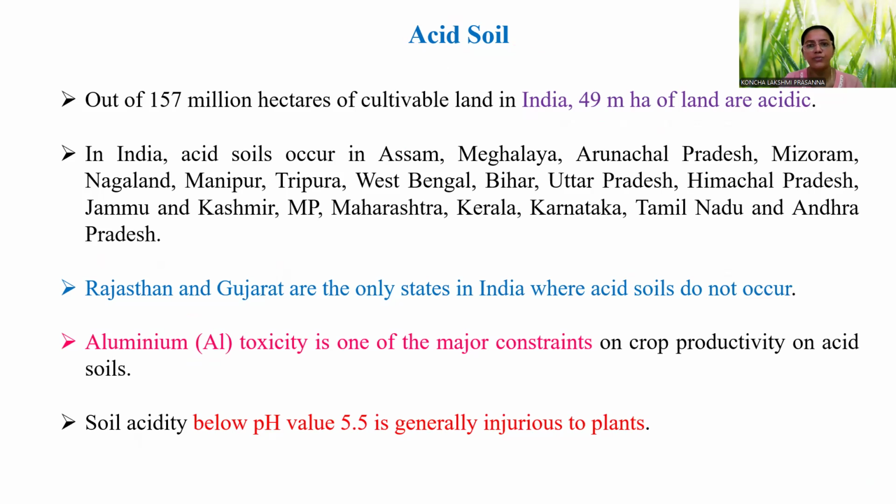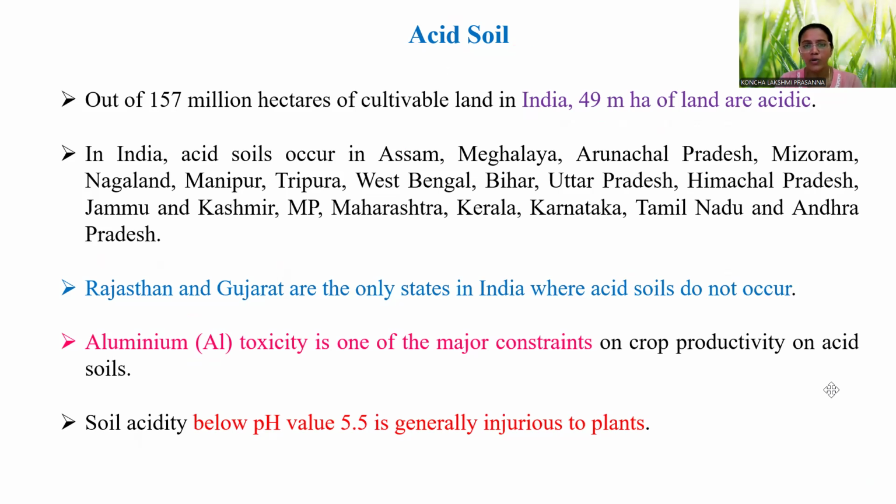Acid soil distribution. Out of 157 million hectares of cultivable land in India, acid soils occupy 49 million hectares, and these soils are acidic in nature. In India, acid soils are present in various states like Assam, Meghalaya, Arunachal Pradesh, Mizoram, Nagaland, Tripura, West Bengal, Bihar, Uttar Pradesh, Himachal Pradesh, Jammu and Kashmir, Maharashtra, Kerala, Tamil Nadu, and Andhra Pradesh.